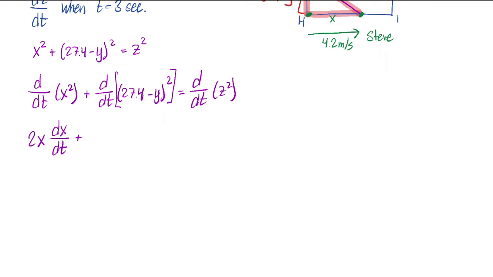For the second term here, we're going to again use the chain rule. The outside derivative is going to be 2 times the inside derivative, which stays intact for now, times the derivative of the inside function, so the derivative of 27.4 minus y, which is simply going to be negative dy dt.